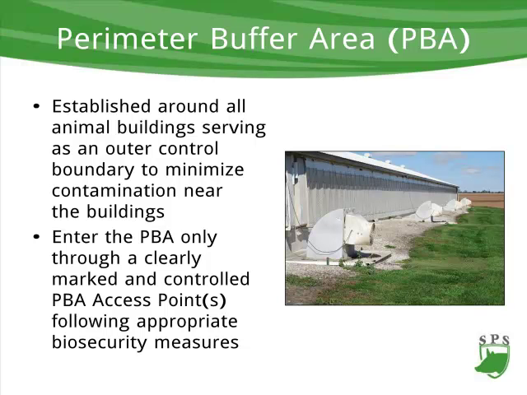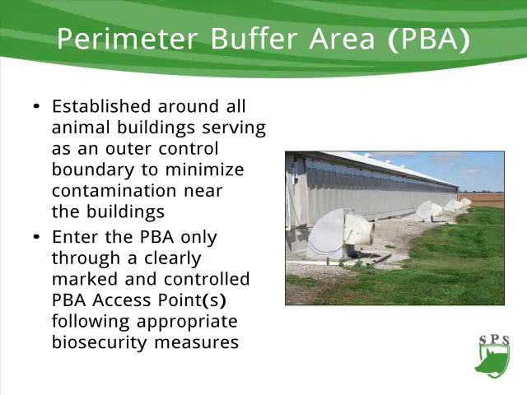A couple of the things that we talk about in the biosecurity checklist, one is the perimeter buffer area. It's an area that's established around the buildings to minimize the contamination near the buildings. So if you can reduce the viral load around the buildings, you're going to reduce the chances of bringing the disease into the buildings. This was something that those that remember Jim McKean, he was very passionate.